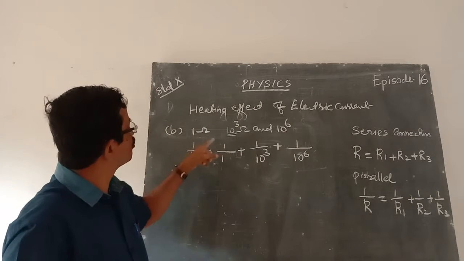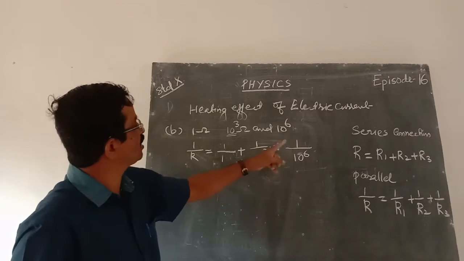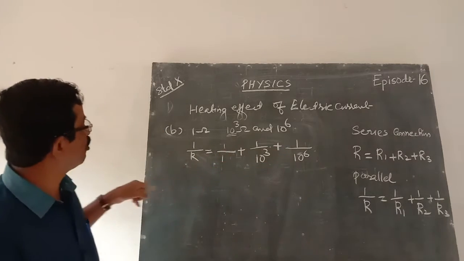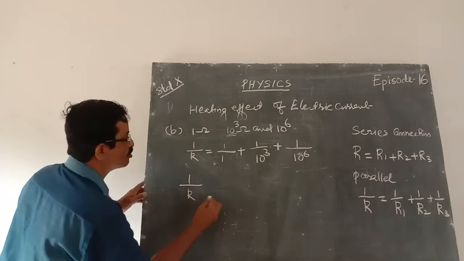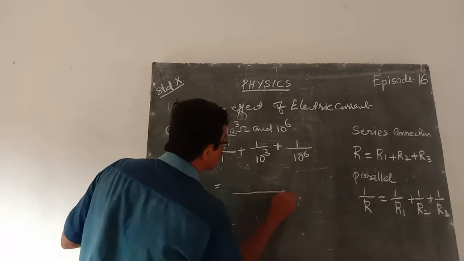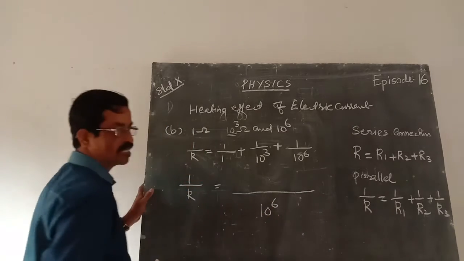1 by R is equal to 1 by R1 plus 1 by R2 plus 1 by R3. When we take the LCM of all these, the LCM is 10 to the power 6.